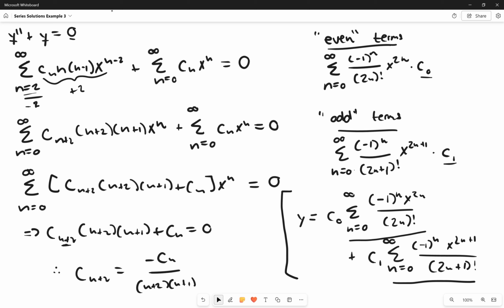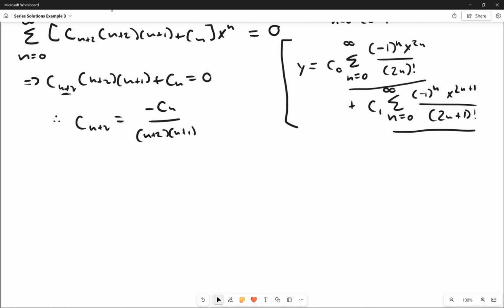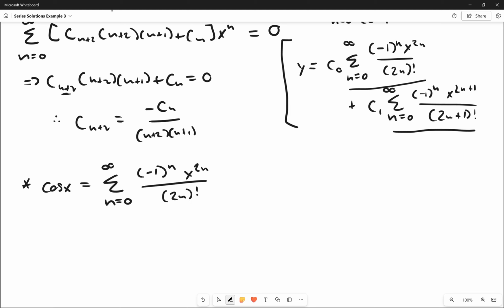So recall that when thinking about Maclaurin series specifically, we can say that cosine of x is the infinite series from n equals 0 to infinity of negative 1 to the nth power, x to the 2n over 2n factorial.